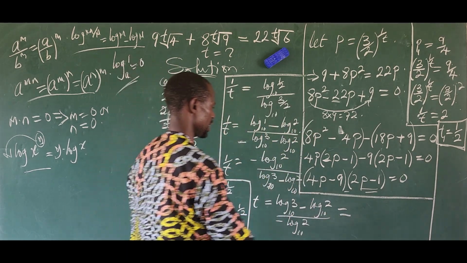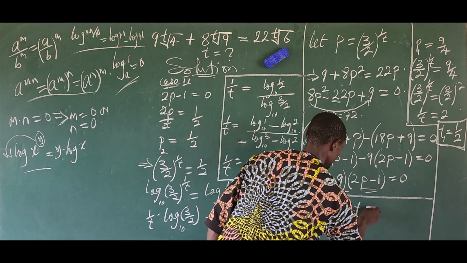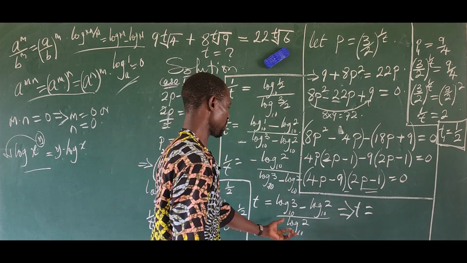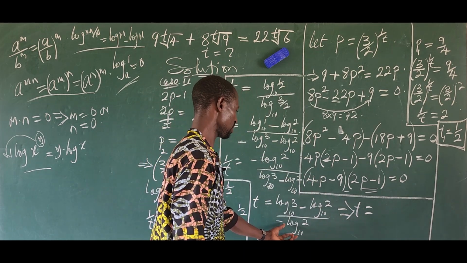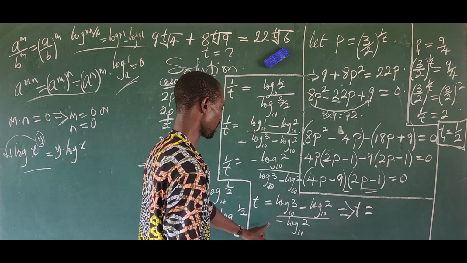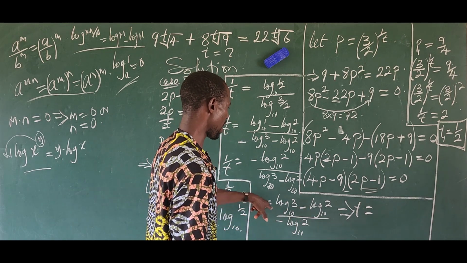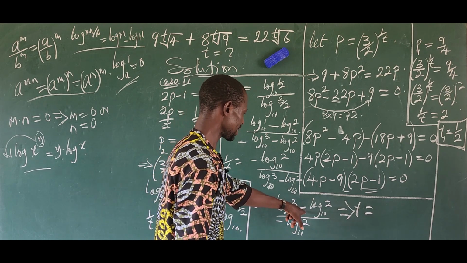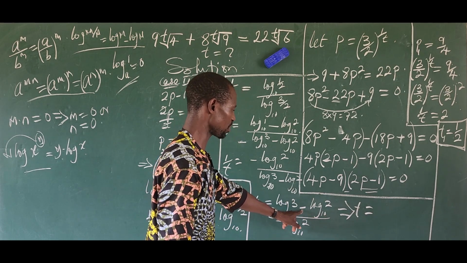If we simplify this, we have a minus sign, and so we can split this. This minus is affecting everything. So we get minus log 3 base 10 times minus, which gives plus.